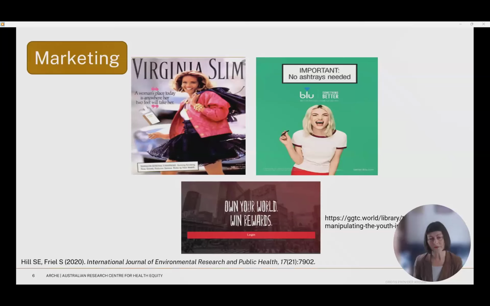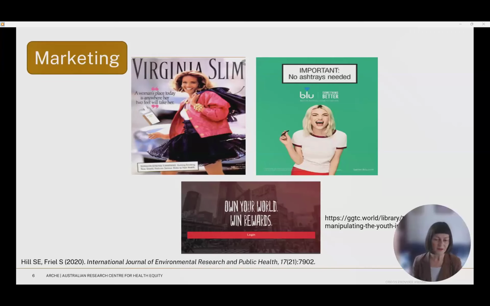And what these marketing practices are trying to do is build a brand essence. It's trying to encourage people in particular demographics, you can imagine who's being targeted here, to want to associate themselves with smoking, or with e-cigarettes.